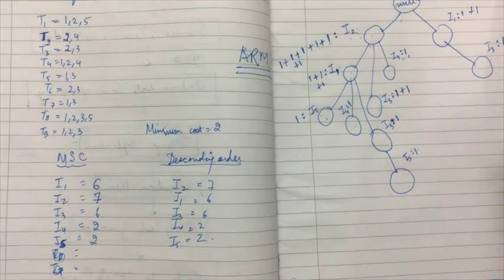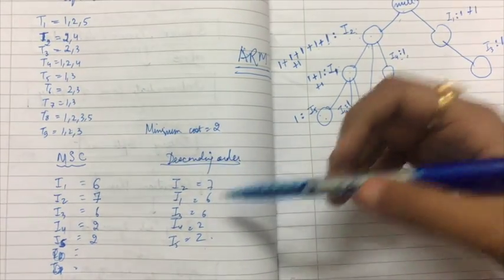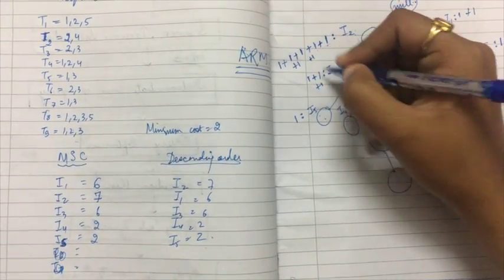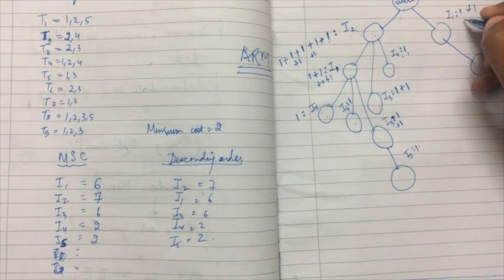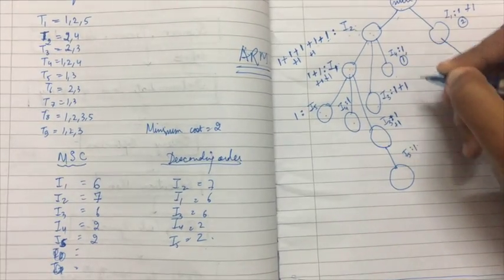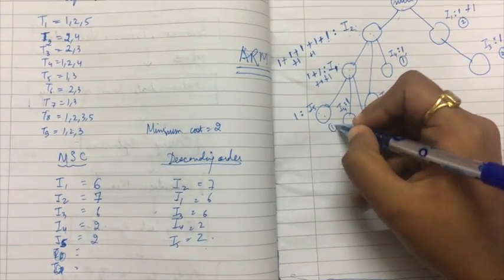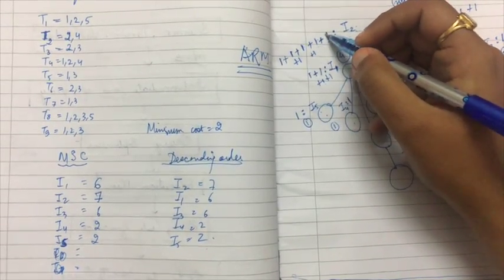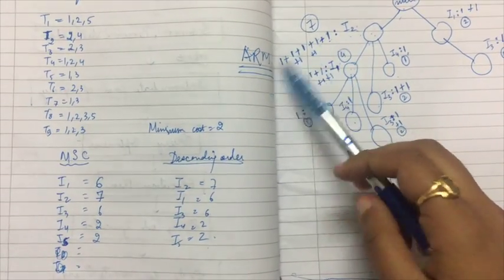Okay, and then 1, 2, 3, that is 2, 1, 3. So 2, 1, 3, and I stop over here. Now I'll write down the counts. Okay, so now for I2 the value comes out to be 7.